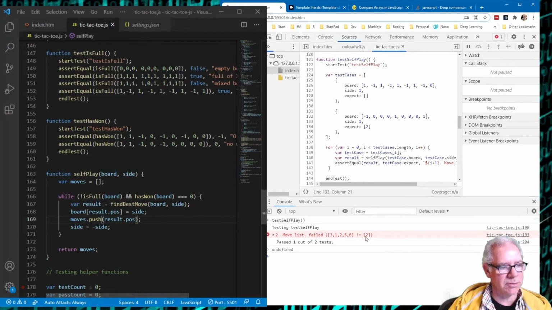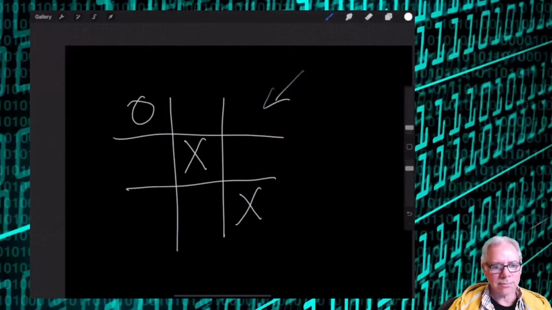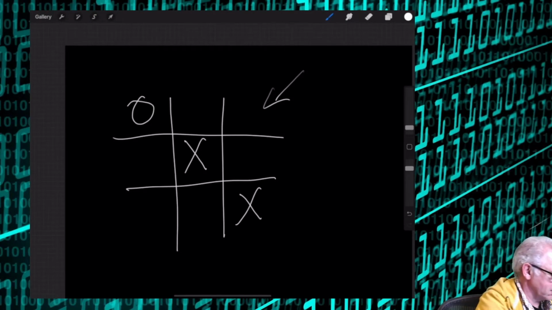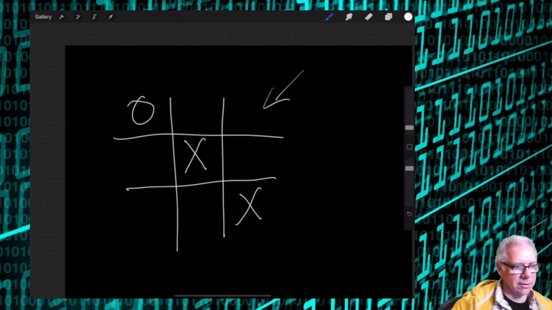So we were expecting the first move would be a 2, and instead it's what we saw before. Oh, wait a minute. Maybe we like this move list, I don't know. Oh, this isn't the same game that we saw before. It's saying actually move here to 3.